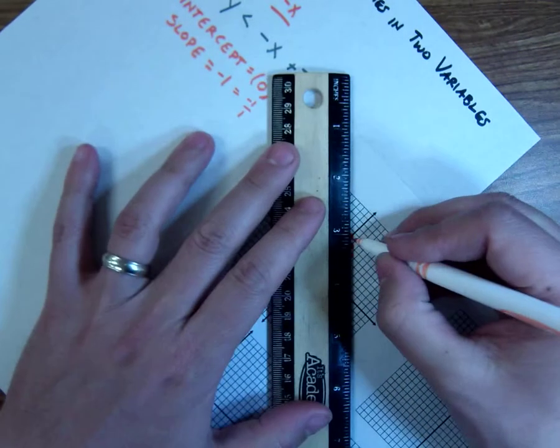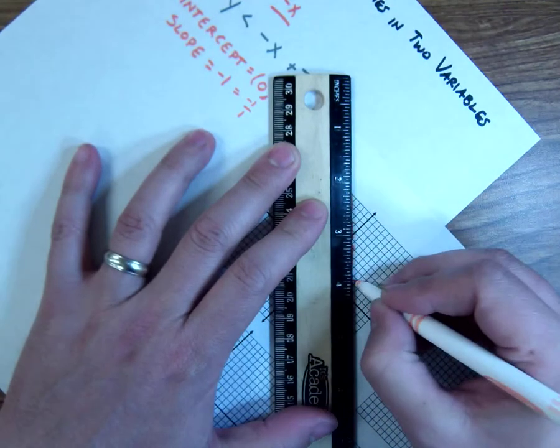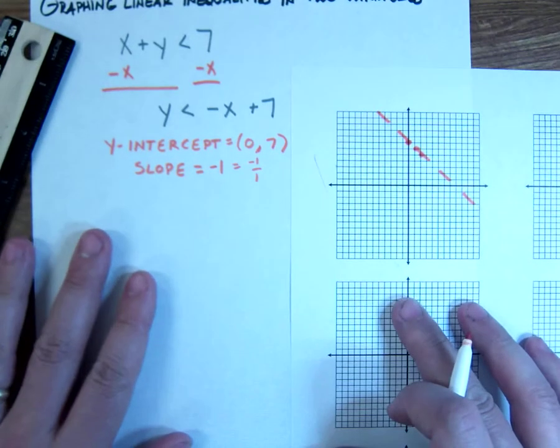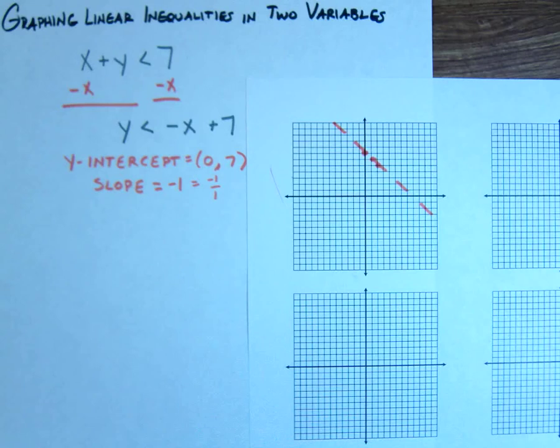So when I connect these dots to make my line, it's a dotted line like that. That's the thing that tells me this was a less than equation.